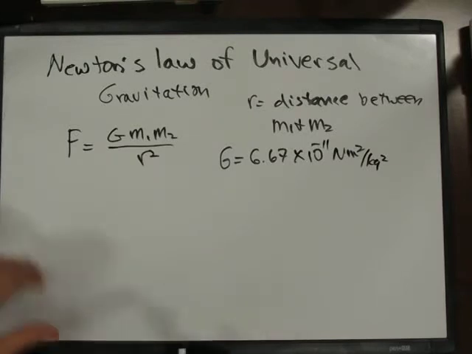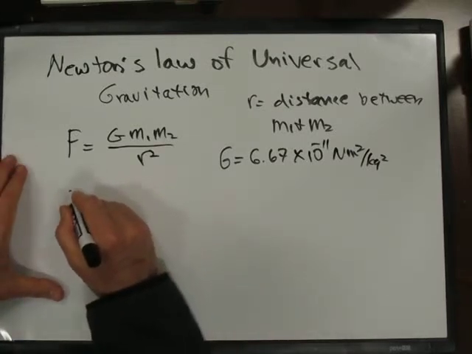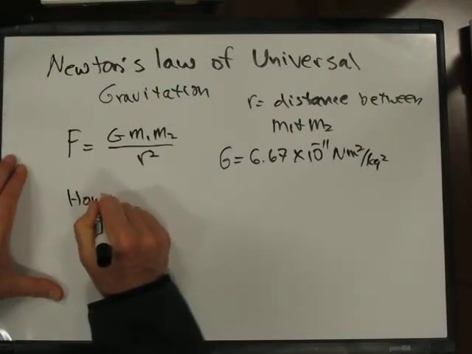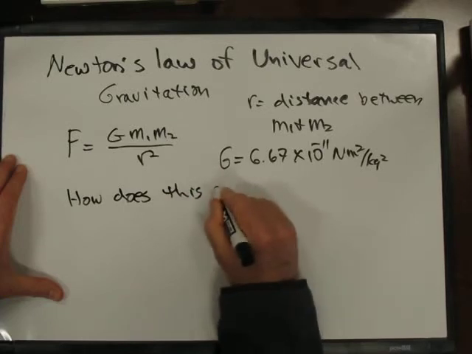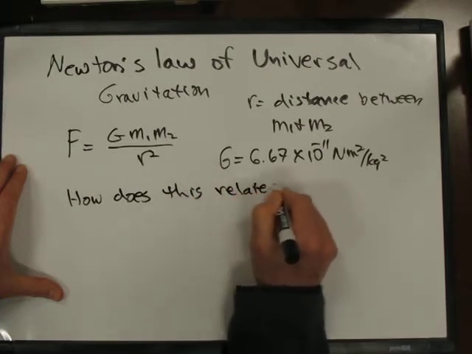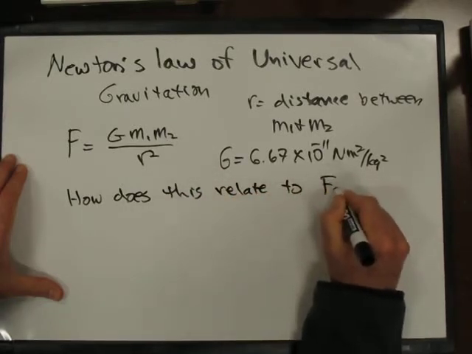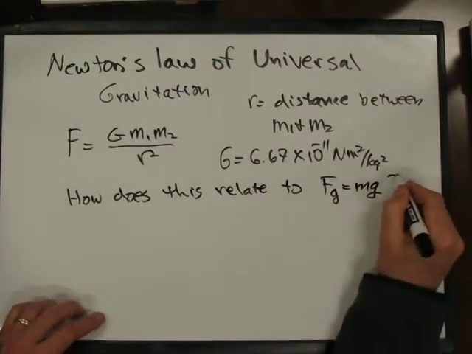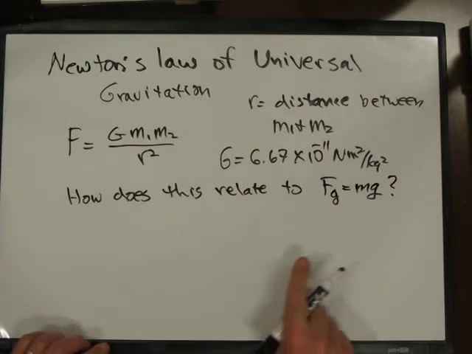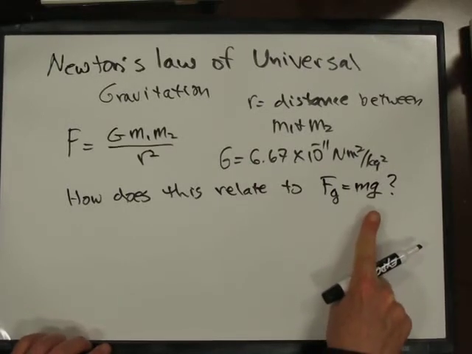And so we can do a few things with this. For one thing, we can say, well, how does this relate to the normal formula we've been using for the force of gravity, which is just mg?